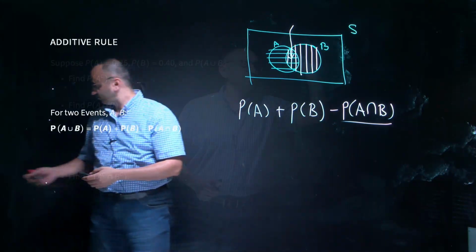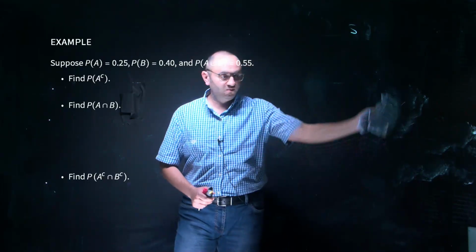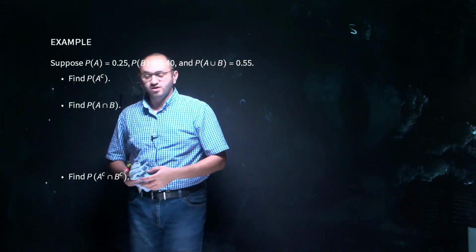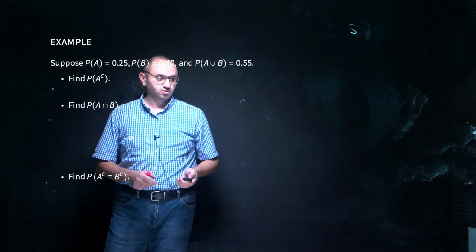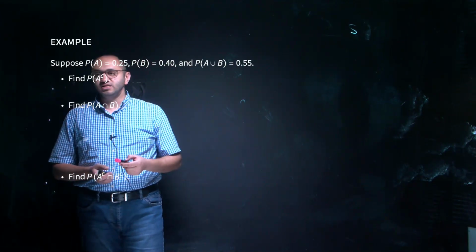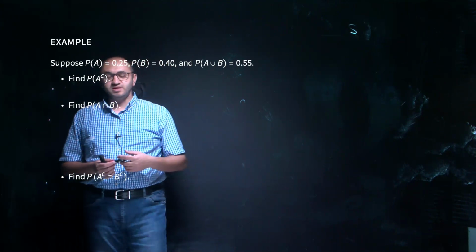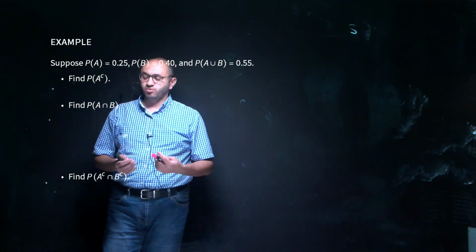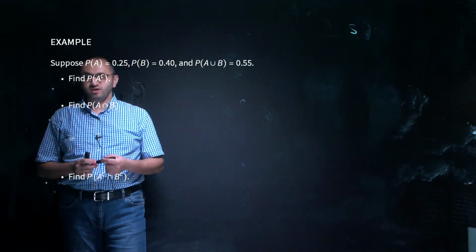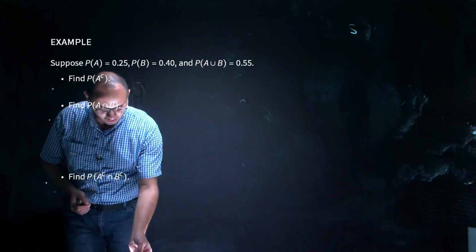All right, in this example, suppose probability of A equals 25%, probability of B is 40%, probability of A union B equals 55%. Find part 1, probability of A complement. We know the complement rule, right?